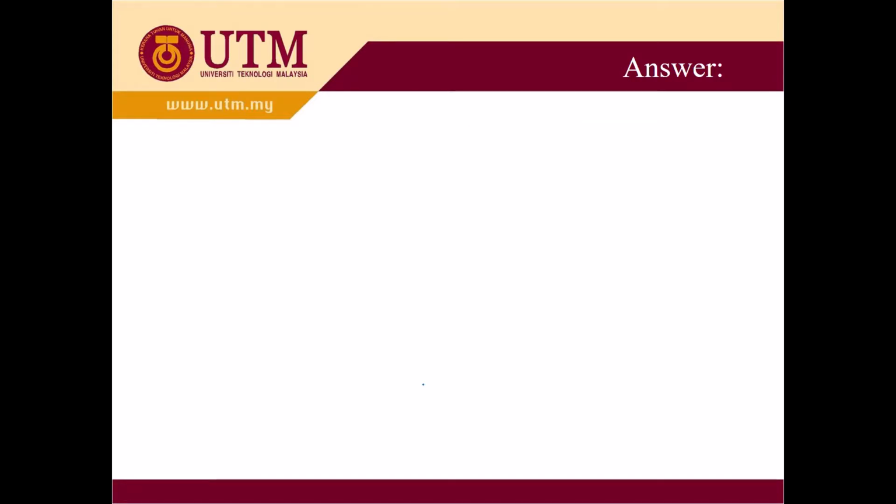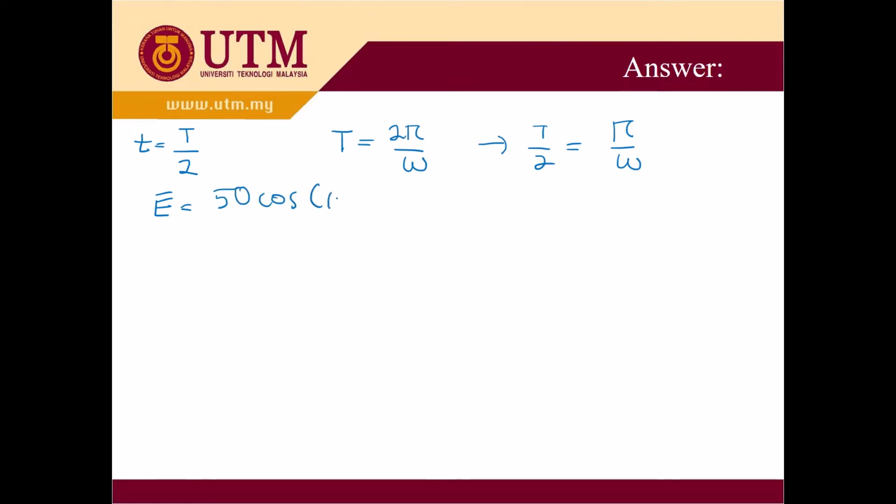Next, for t equal to the period over 2. Similarly, the period equals 2 pi over omega, so the period over 2 is equal to pi over omega. And the general expression E equal to 50 cos(10^8 t + beta x) in y.